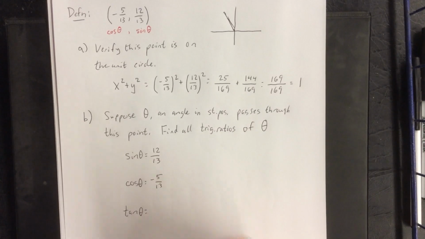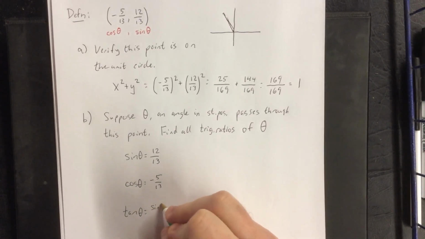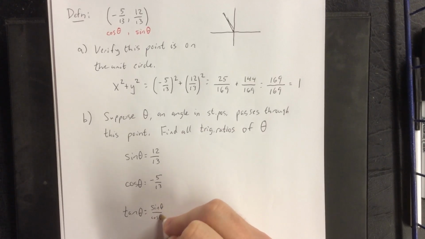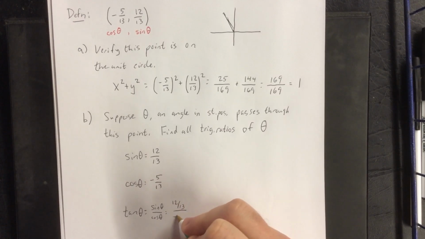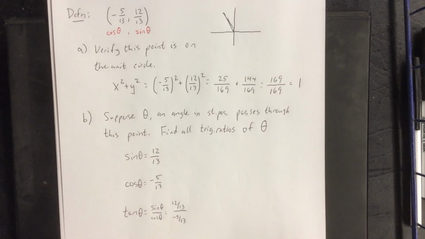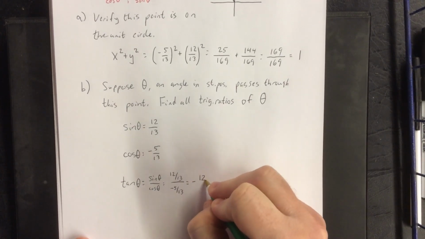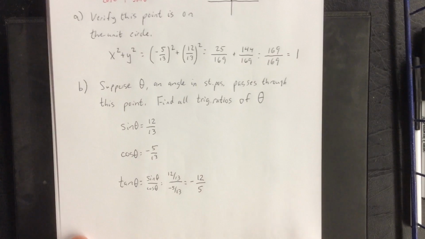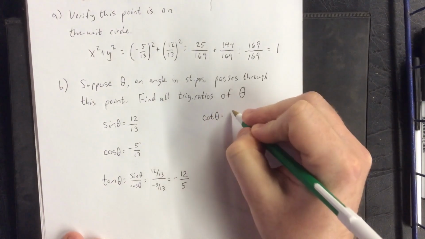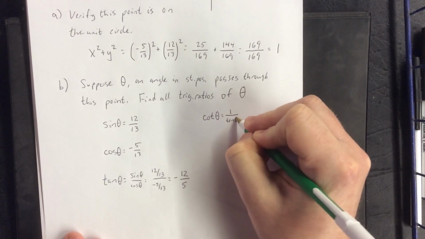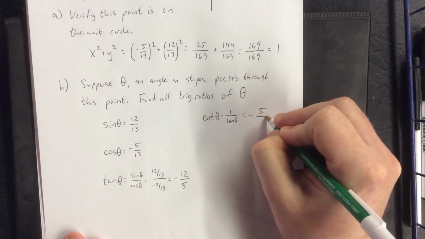Now for the other three, we'll have to make use of some fundamental identities. Tangent of theta is supposed to be the sine of theta over the cosine of theta, which will be 12/13 divided by negative 5/13. This simplifies quite nicely because the 13ths will cancel out and we'll be left with negative 12/5. The cotangent should be the reciprocal of what we just got, so 1 over the tangent, which is really just a fancy way of saying flip the top and the bottom, and that'll be negative 5 over 12.